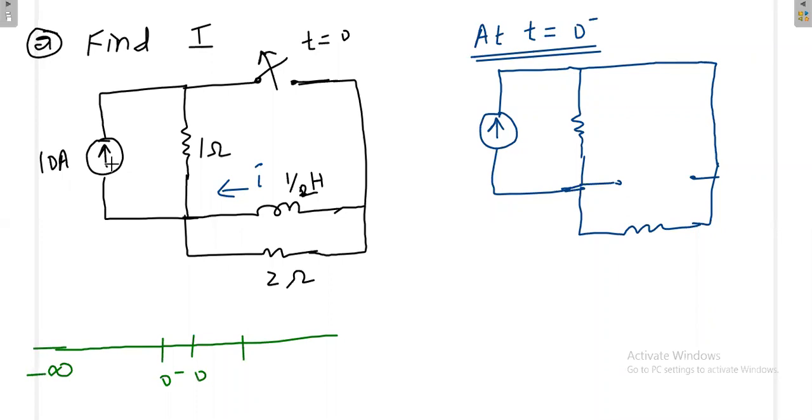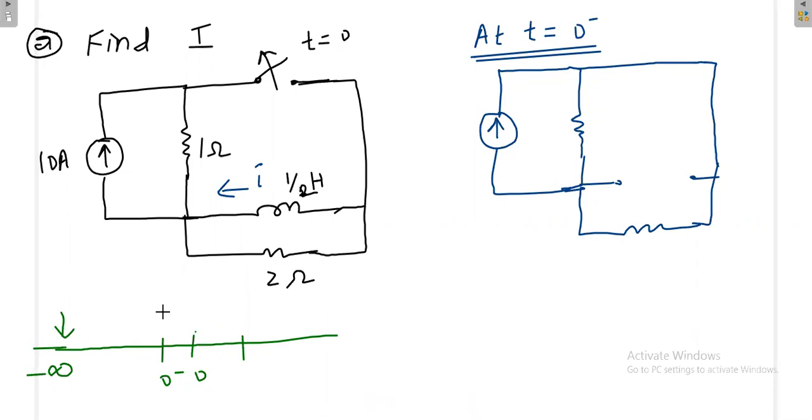Because this source is connected at t is equal to minus infinity. Somebody connected the source at t is equal to minus infinity. Now I am going to open this switch at t is equal to 0. That means before opening the switch, the circuit is in steady state. Transient means the behavior just after applying the switch.